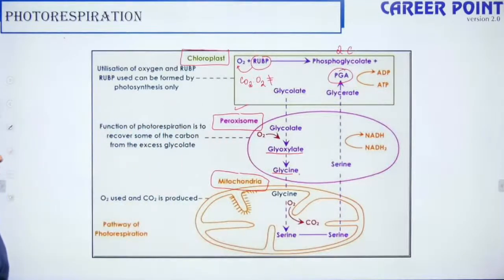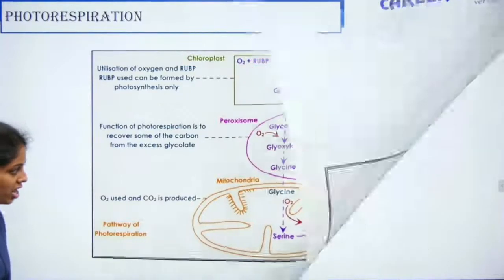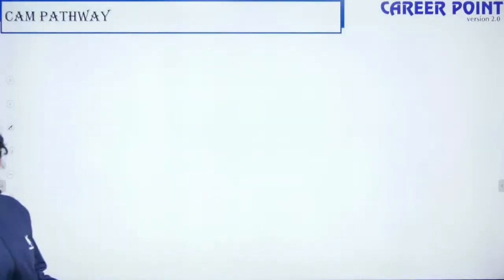So this is your C2 cycle. You see there is no production of any type of stable sugar here, and there is no synthesis of ATP. All are amino acids. Glycerate, serine, glycine, they're all amino acids. They're not sugars, right? So it's a complete waste, I would say.